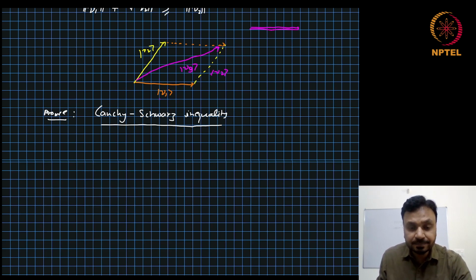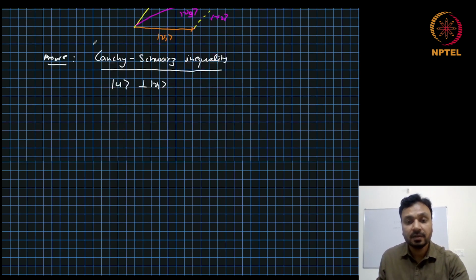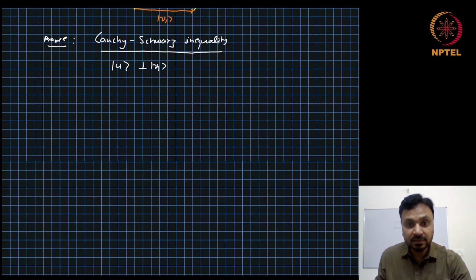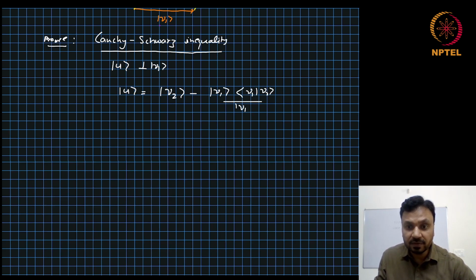Let us define a vector u which is orthogonal to v1. It is orthogonal to v1 and in the same plane as v1 and v2. So how do we define it? We can say u is v2 minus the inner product of v1 with v2 over the length of v1 squared, times v1.